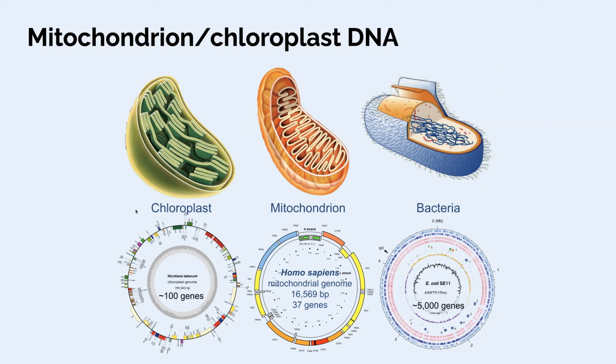Number one, it's organized into a circular chromosome. And number two, if you were to compare their DNA sequence, the DNA sequence of the human mitochondrion is much more similar to the genes present in a bacterial genome than the mitochondrial DNA is to the host eukaryotic cell. So that's some good evidence for the relationship of chloroplasts and mitochondria to ancestral bacteria.